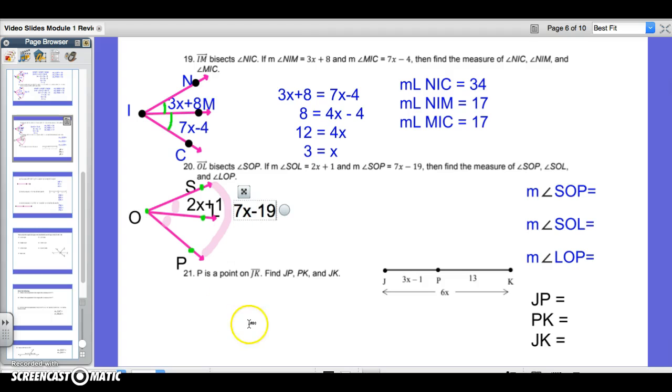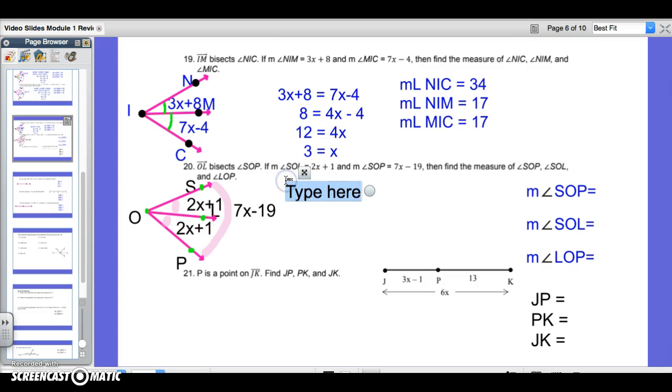Now I have to apply some information that I know. It says ray OL bisects SOP. So if this is 2x plus 1, then this angle right here is also 2x plus 1. So I'm going to fill that in. I have 2x plus 1, 2x plus 1, and then the entire thing is 7x minus 19.